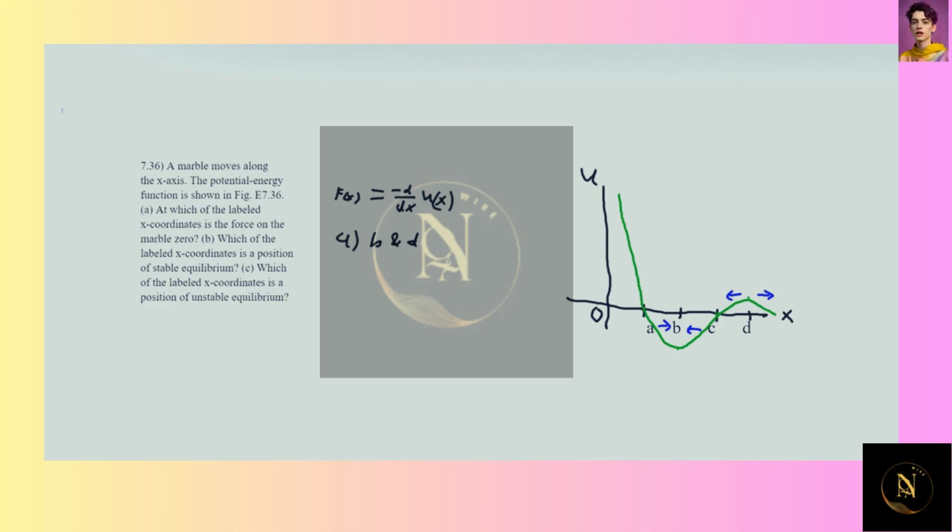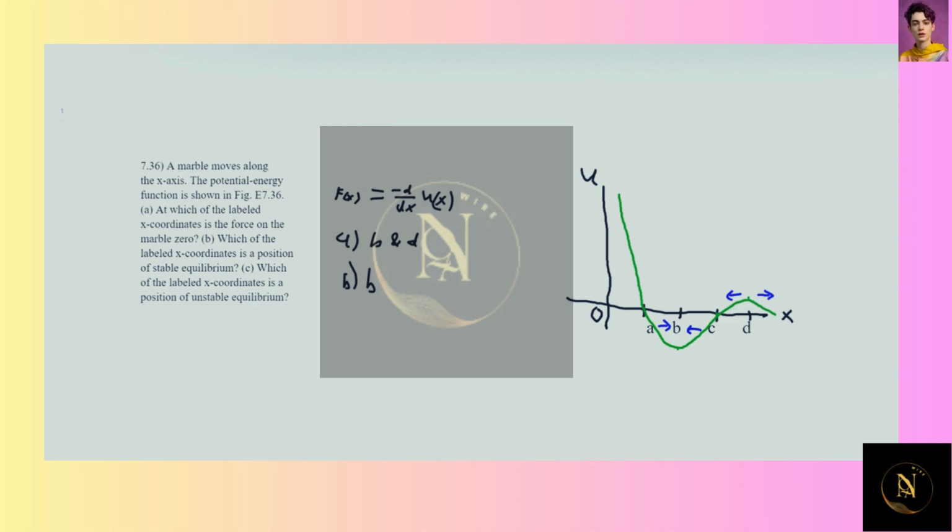It moves off the side here, the force will push it back. But here at point D, if the marble moves off to one side, you'll get reinforced feedback that will push it further away. So the only stable equilibrium here is going to be at point B.